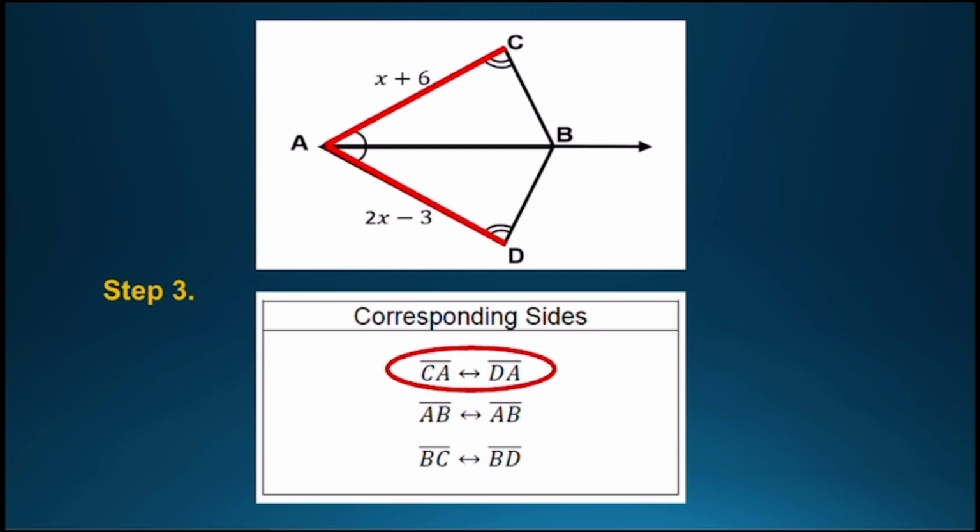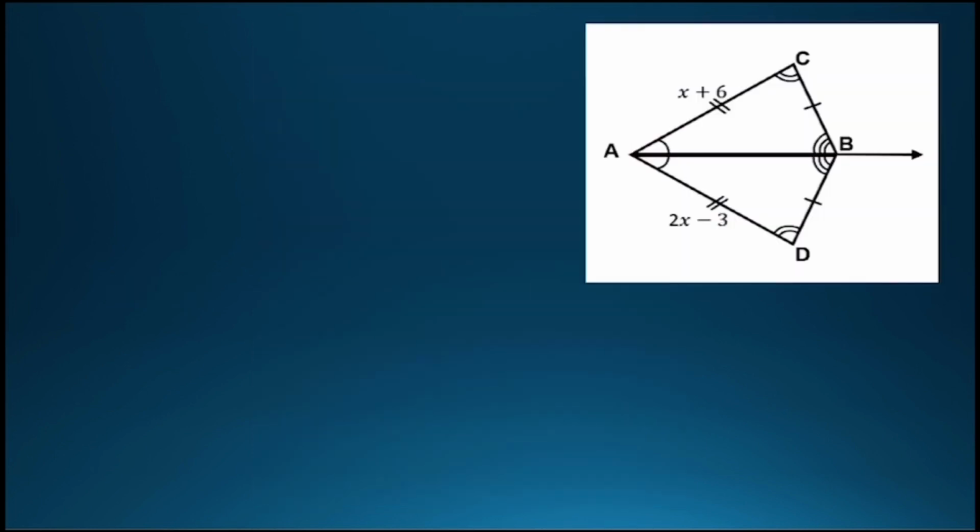For our second pair, line segment AB is same as line segment AB by reflexive property. And for our third pair, line segment BC is same as line segment BD. Now, let's proceed to our step 4.